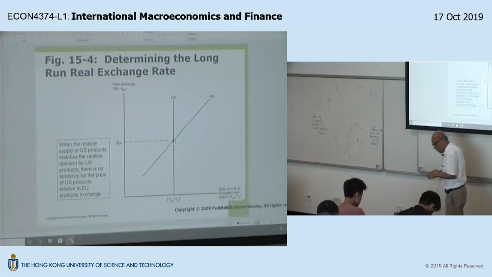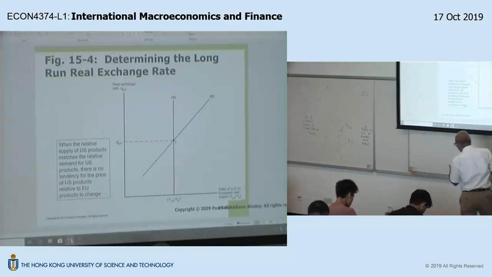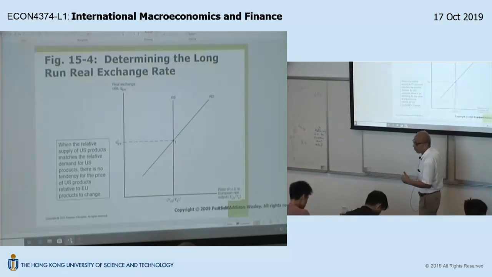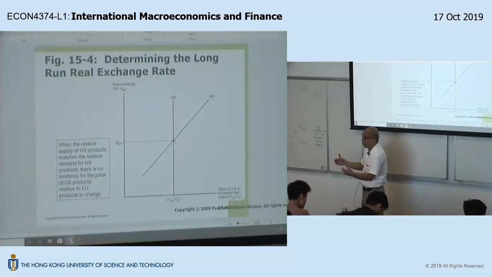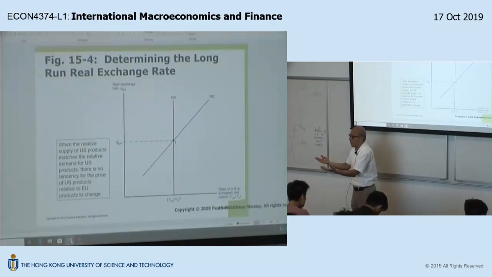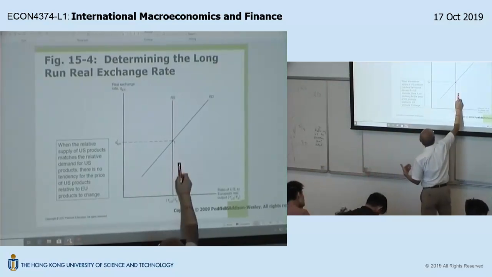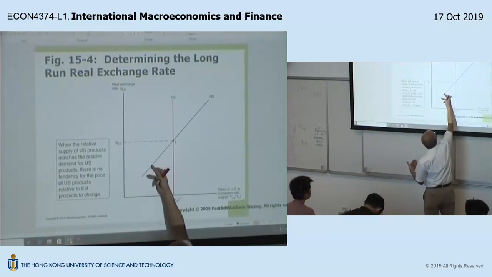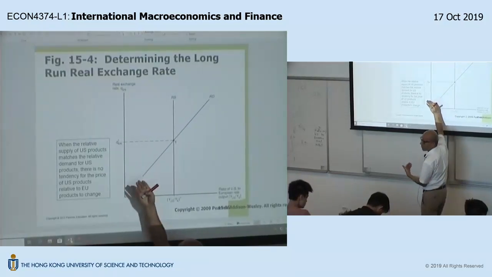That means that U.S. goods are too expensive, because Q is the relative price of the European goods, right? So when the relative price is here, U.S. goods are too expensive, and so over the world, both Americans and Europeans want to consume more European goods than American goods. So American goods are too expensive, and the relative demand for U.S. goods is just too low.